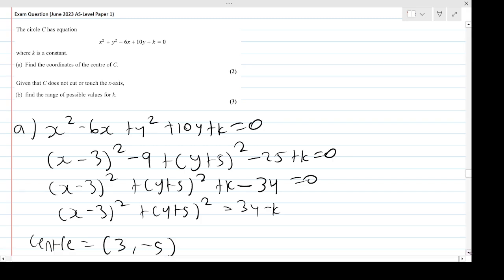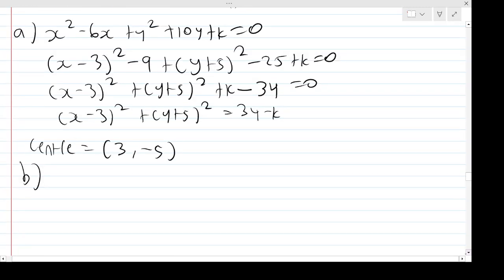We are told that the centre is (3, minus 5), so we sketch that on our xy axes. x is 3 and y is minus 5, about there. So that's my centre.